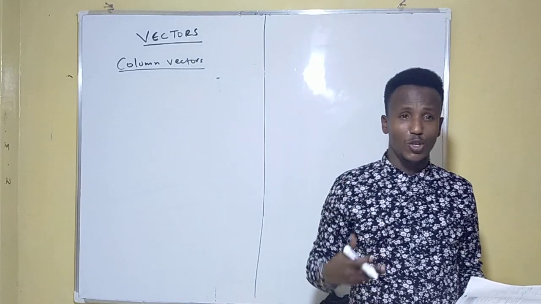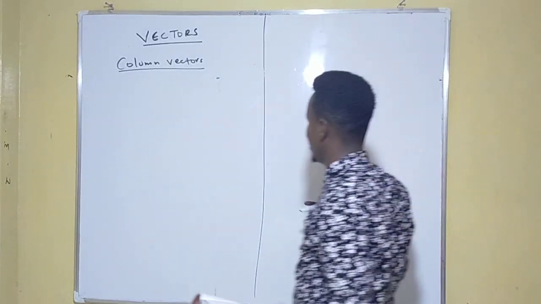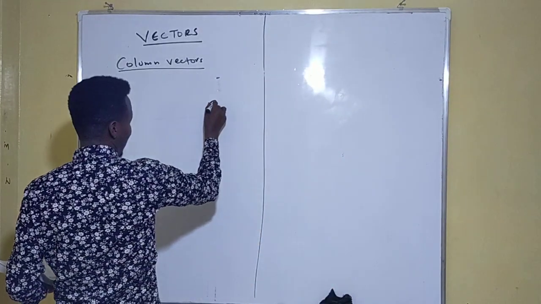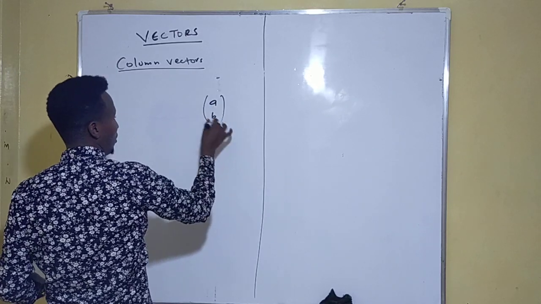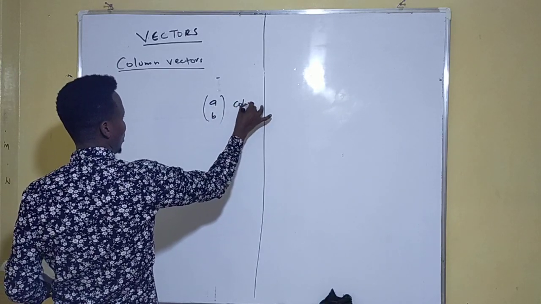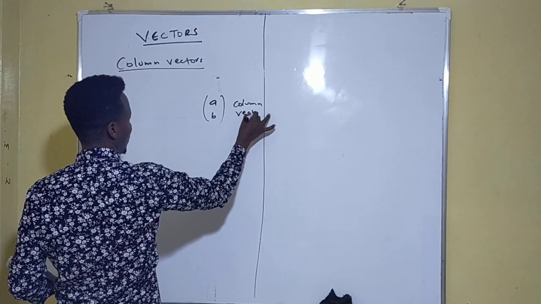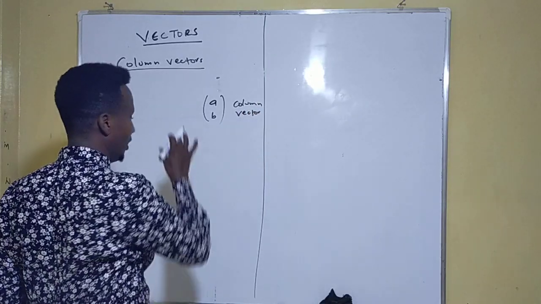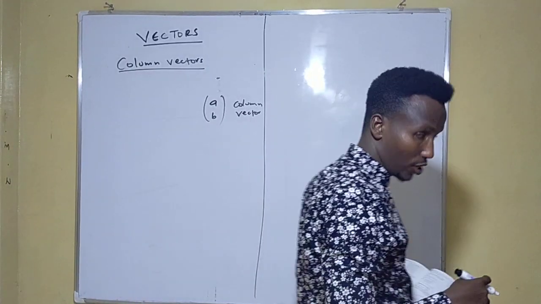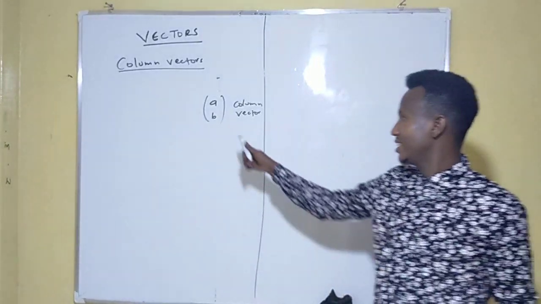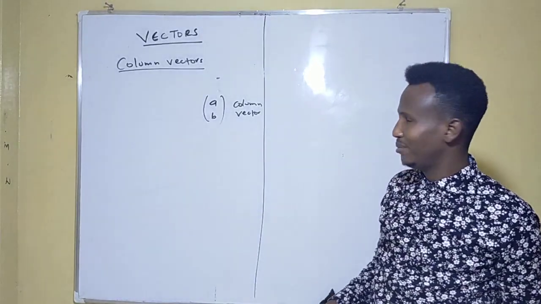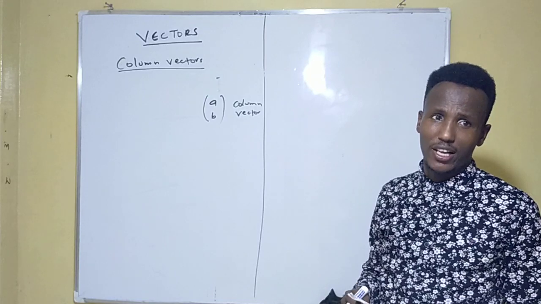A vector written like this, a over b, is a column vector, where a represents one value and b represents another value.